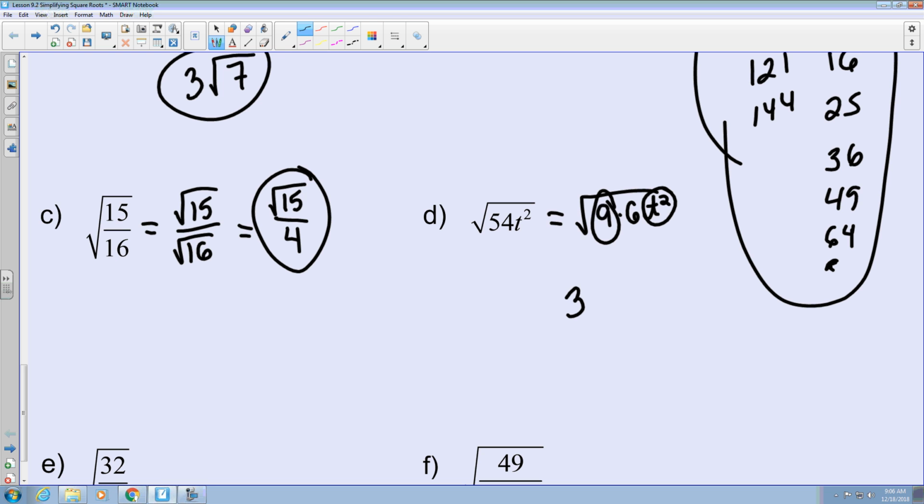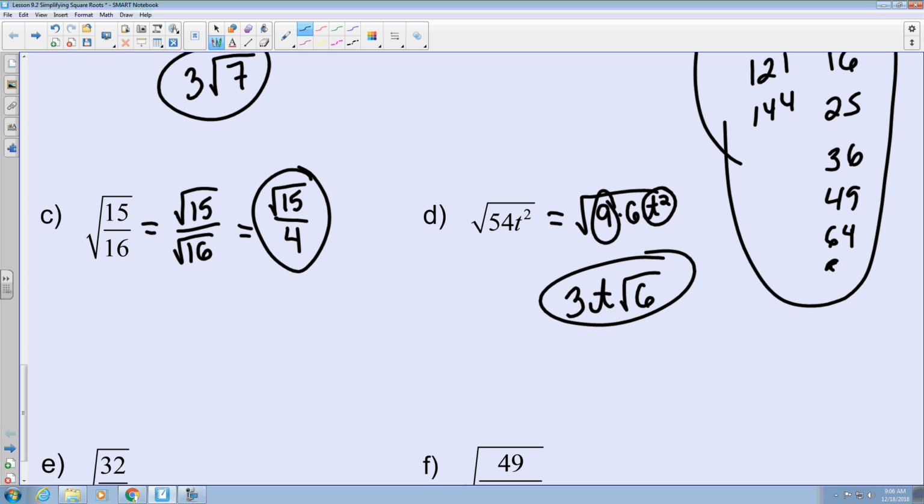And we talked about yesterday that square roots and squares are inverse operations of each other, so the square root of t squared will just be t to the first power. What's left over is the square root of 6.